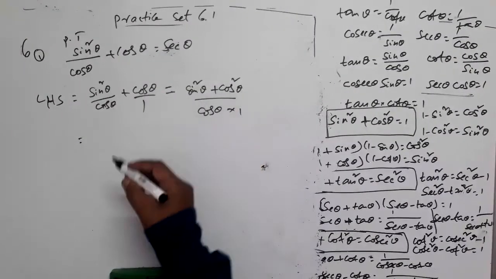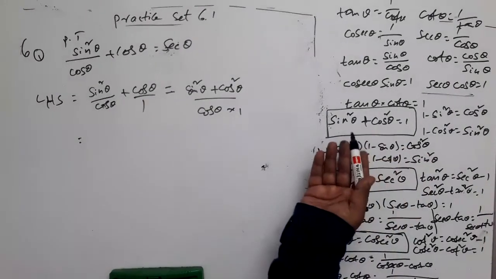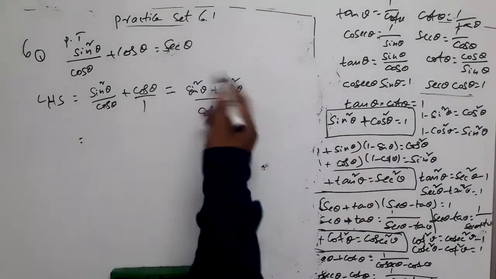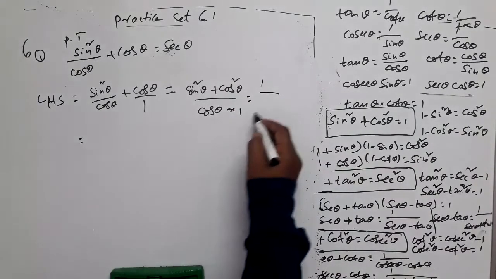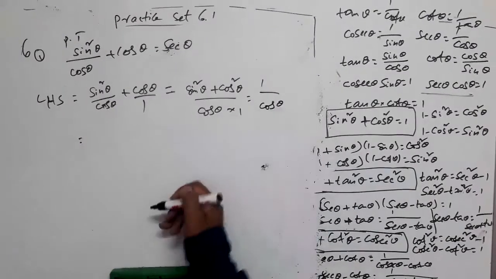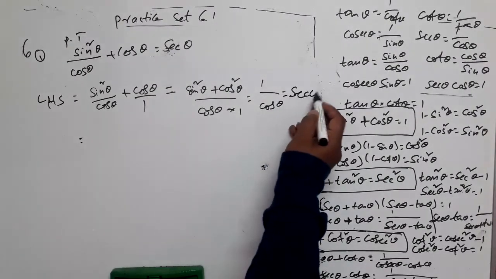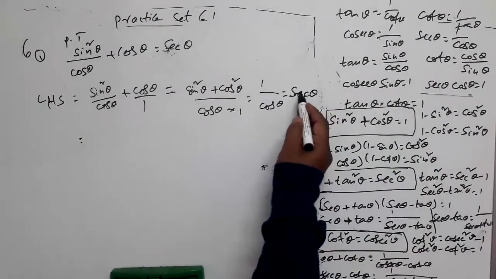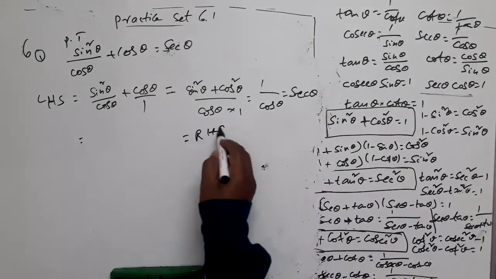Sine square theta plus cos square theta is 1 from the first identity. Yes, this is a familiar one for us, right? So this is 1 by cos theta. But what is 1 by cos theta? Secant theta, right? The reciprocal of cos is secant. That is our RHS, right hand side part. So simple.